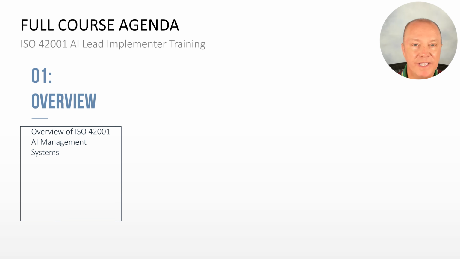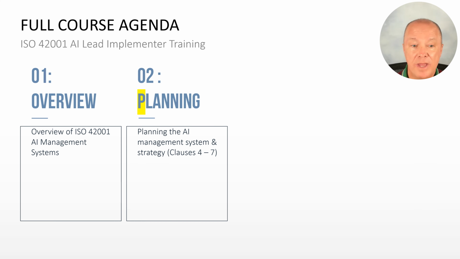So let's look at the agenda for this ISO 42001 lead implementer training. Now, all ISO management systems follow the plan, do, check, act, or PDCA model. So we'll begin by getting an overview of the ISO 42001 AI management systems in this introductory module, and then we'll follow it in Module 2 with planning the AI management system and strategy that is covered in clauses 4 through 7.